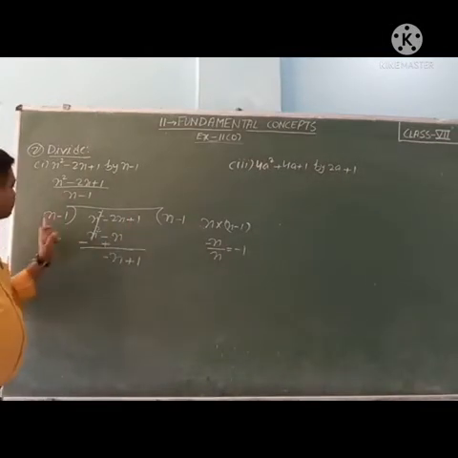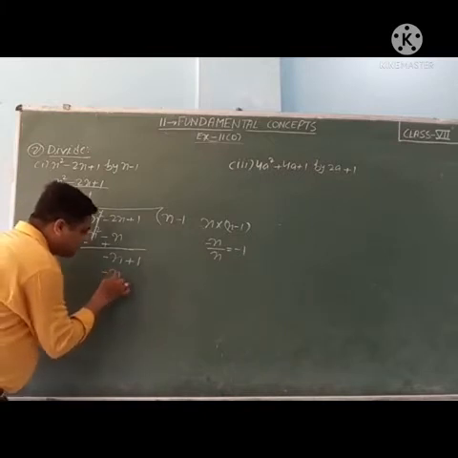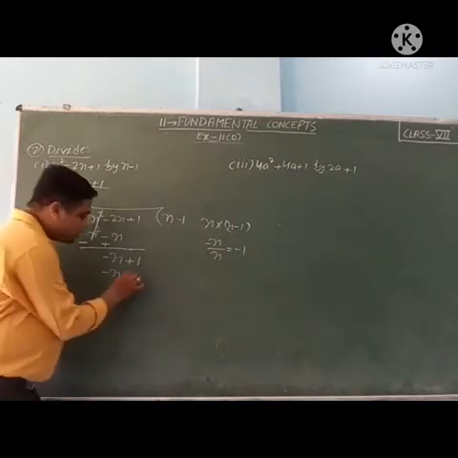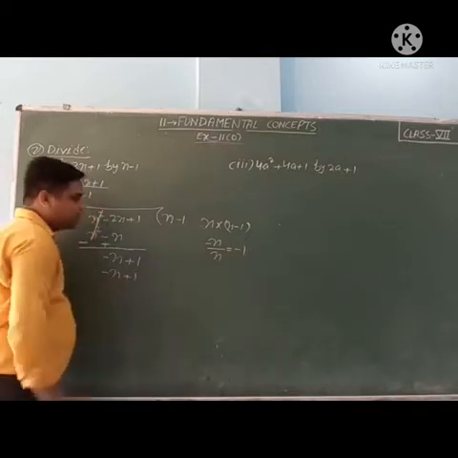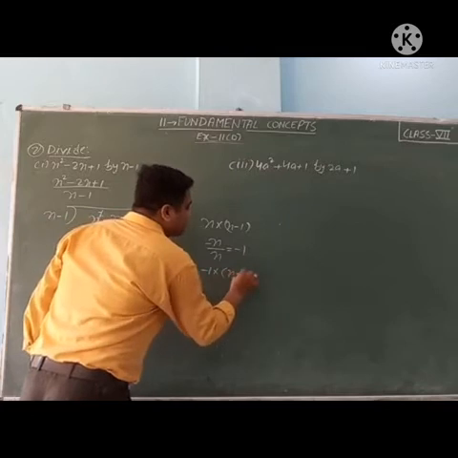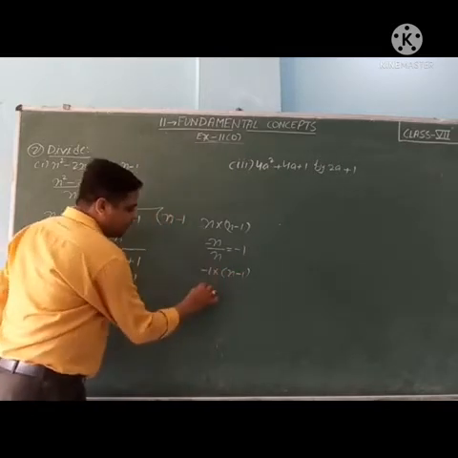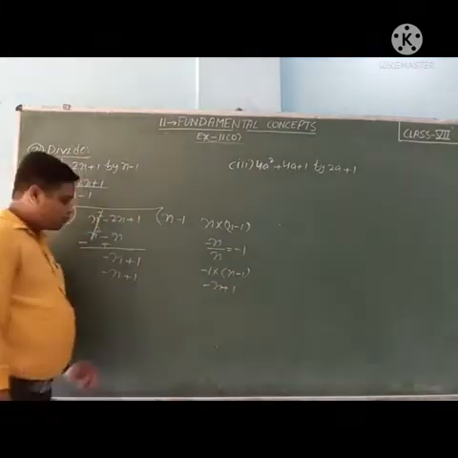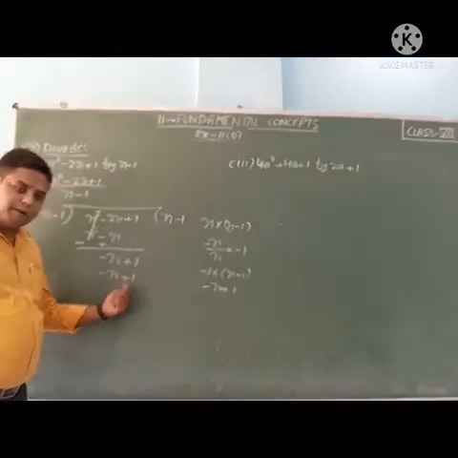So minus plus minus n, minus minus plus 1. Minus 1 multiply n minus 1: minus plus minus n, minus minus plus 1. So minus n plus 1.